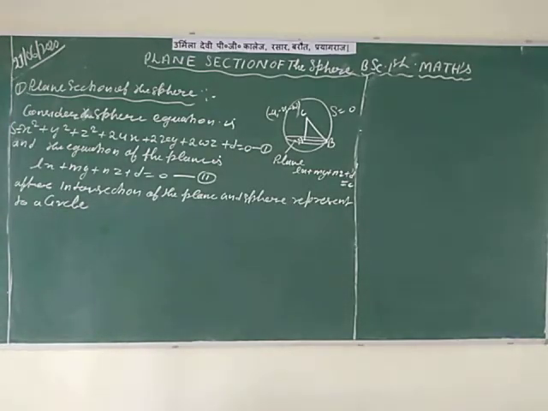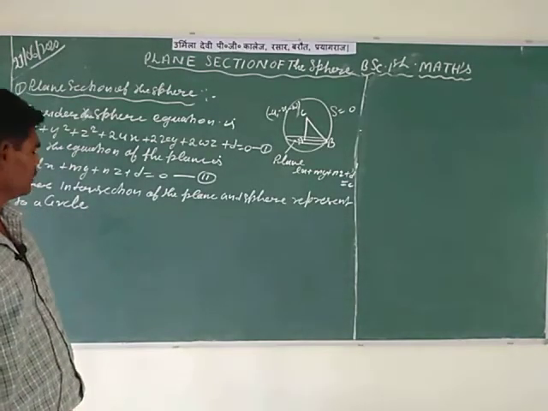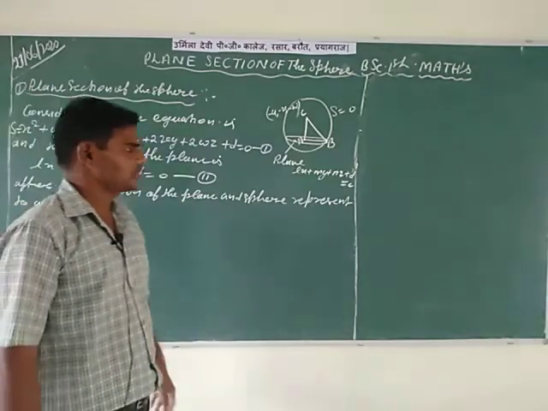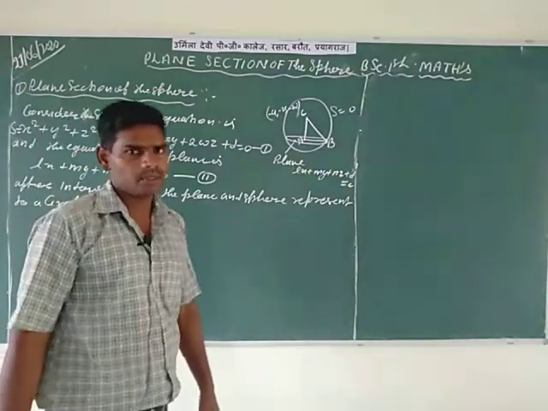From the figure it is clear that capital A is the center of the circle and the distance AB is the radius of the circle.